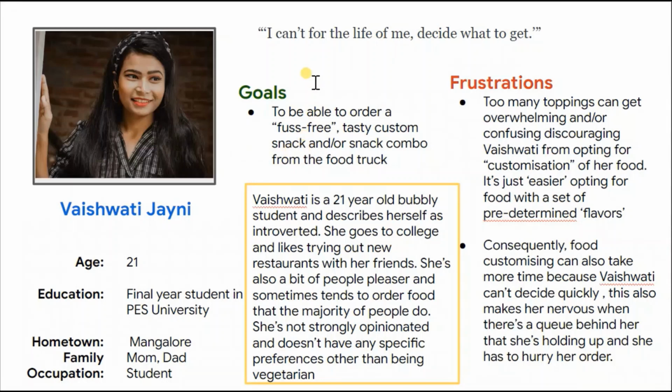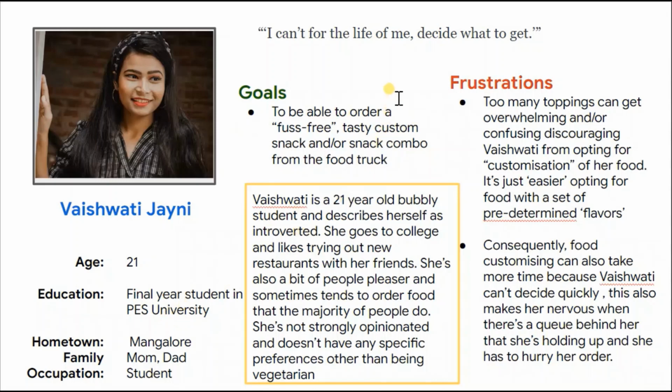Using the answers that I'd gotten from the food survey, I then proceeded to construct some user personas. So the first user persona that I constructed is that of Vaishwati. Vaishwati finds the whole process of food customization overwhelming.